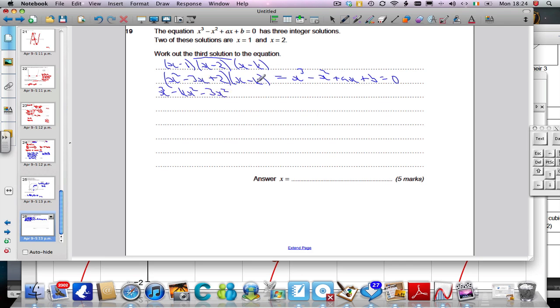Minus 3x times minus k gives me plus 3kx. 2 times x is plus 2x, and 2 times minus k is minus 2k, and that should equal the right hand side, which is x cubed minus x squared plus ax plus b.